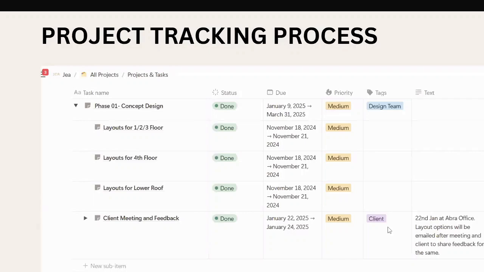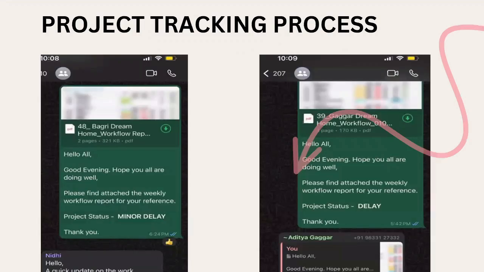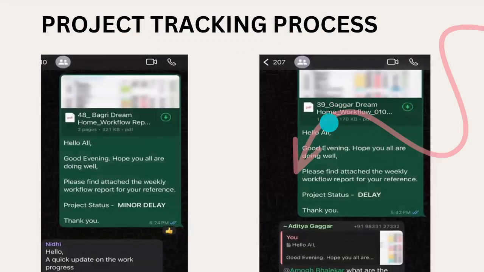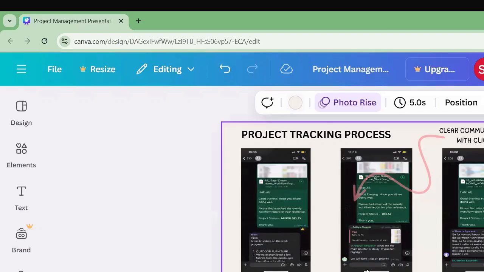We also have formats where constant communication information is given to all stakeholders of what is happening, what's not happening. This specifically helps us with our out of Bombay projects. So this is a Calcutta project where along with images, everything has to be tracked and written and sent to us.